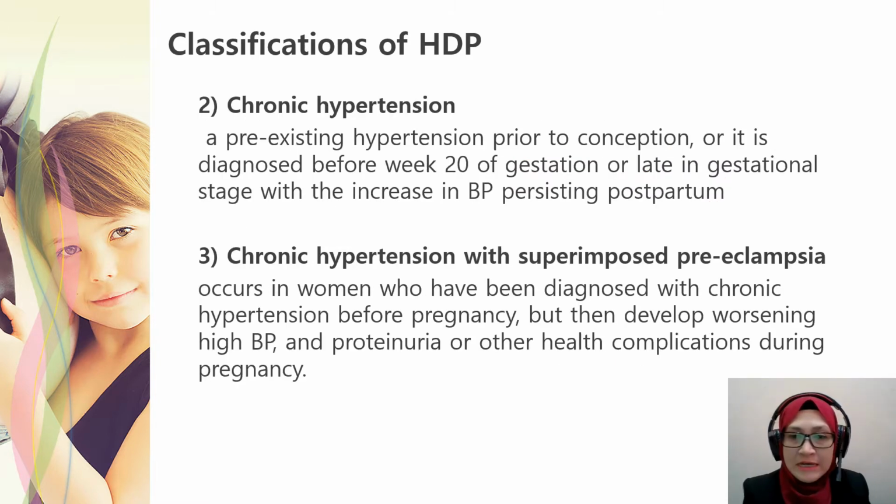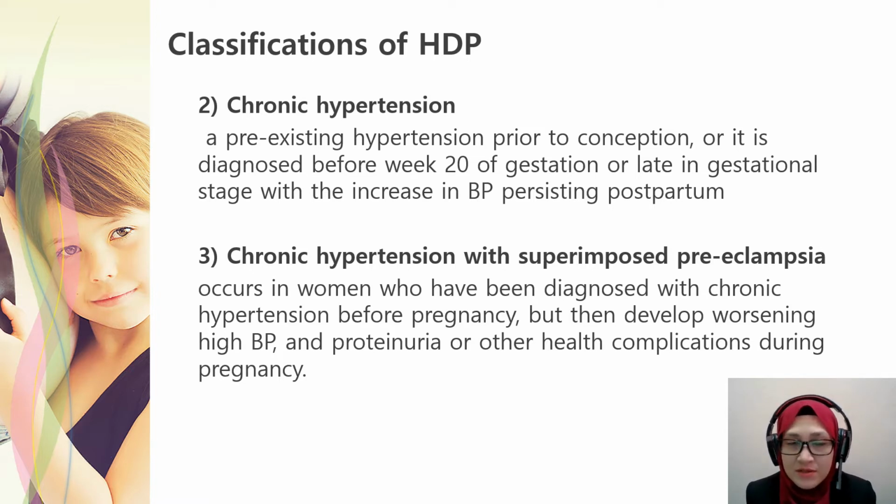The second class is chronic hypertension. It is the same as pre-gestational diabetes. It is when the woman has hypertension before she gets pregnant, or when the hypertension is diagnosed before the 20th week of gestation, and it continues even after the 20th week of gestation.